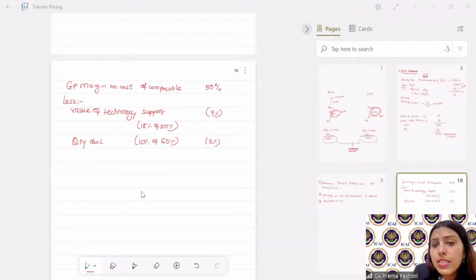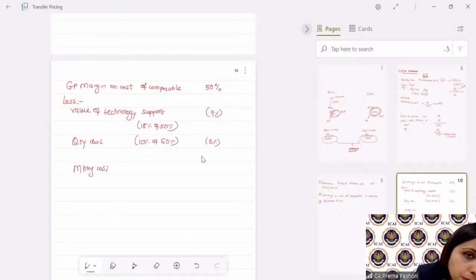So in this case, we are not incurring any cost for ABC, but we are incurring the marketing cost for XYZ. So therefore, we need to reduce this marketing cost from the gross profit margin of XYZ. And it is 12% of the normal gross profit margin, which is again 50%, and which comes to 6%.